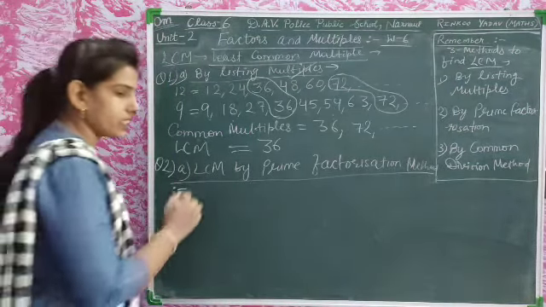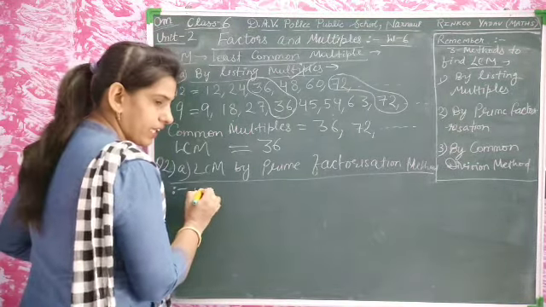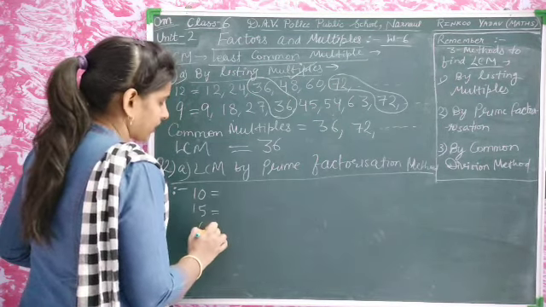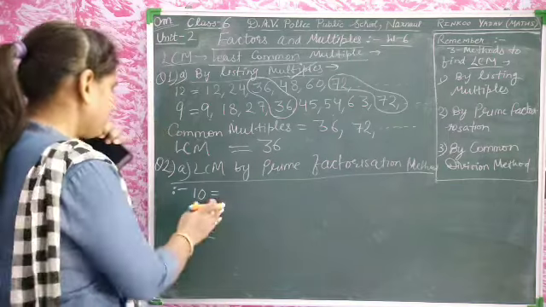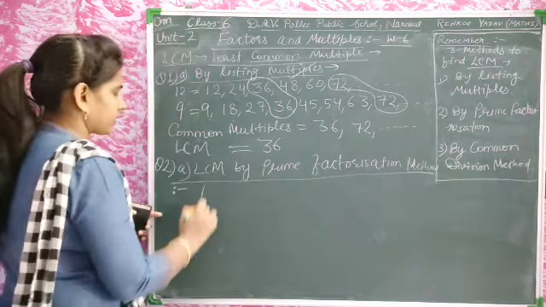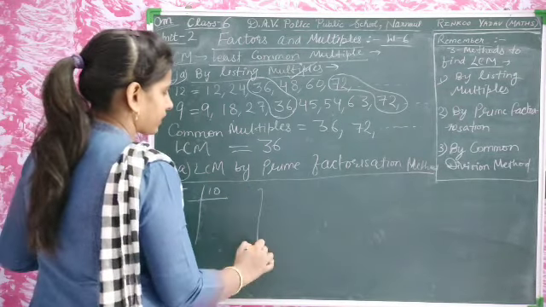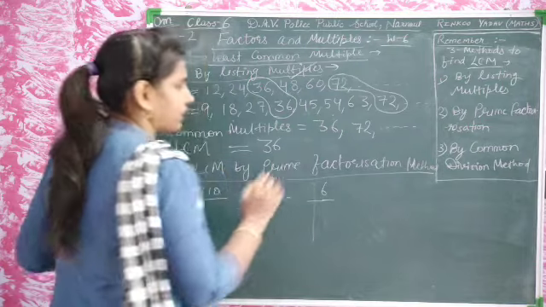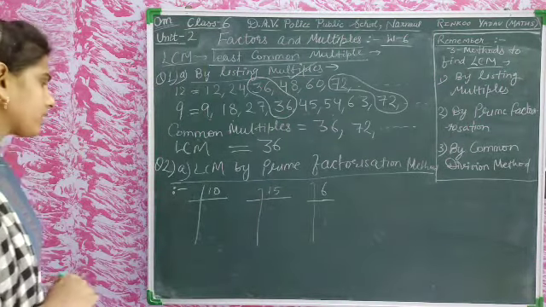The numbers are 10, 15 and 6. Three numbers are there. Here we have to find not the multiples but the prime factorization of all these numbers.